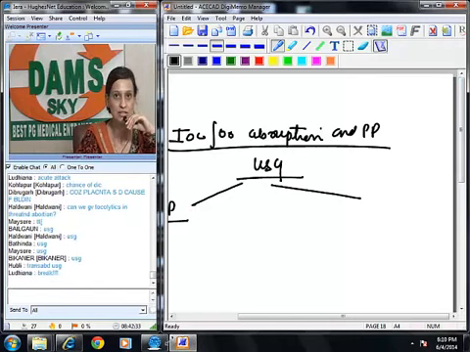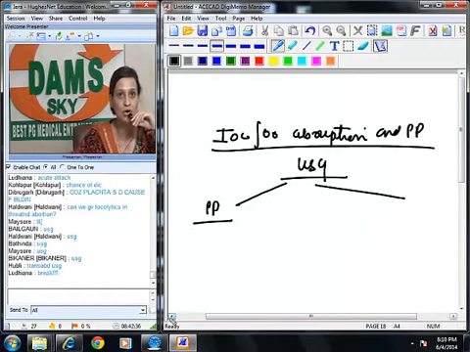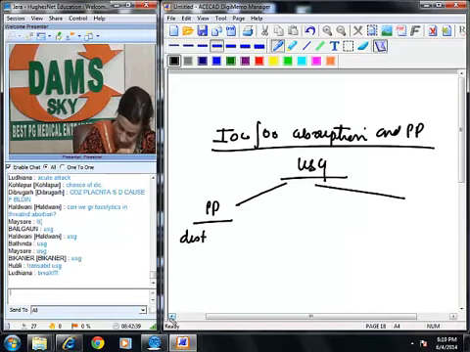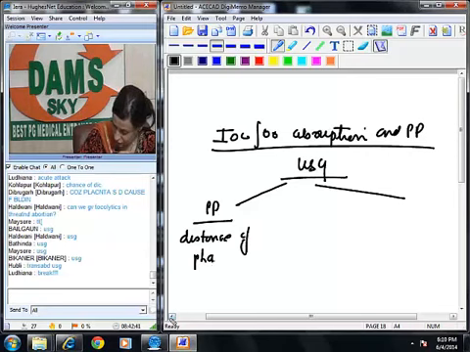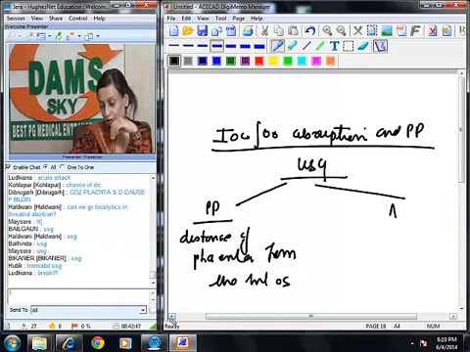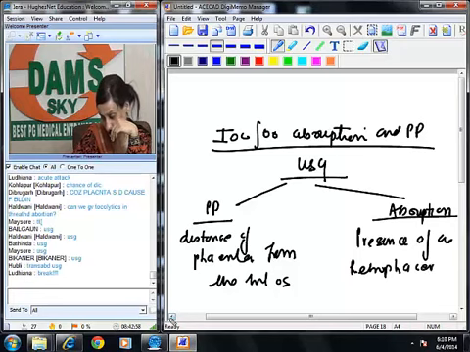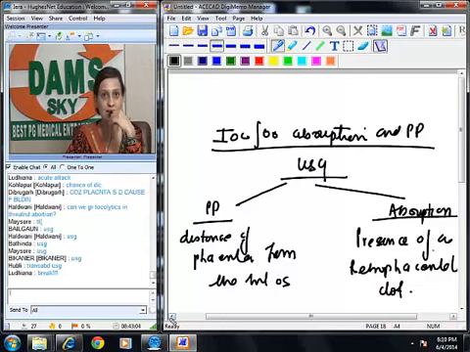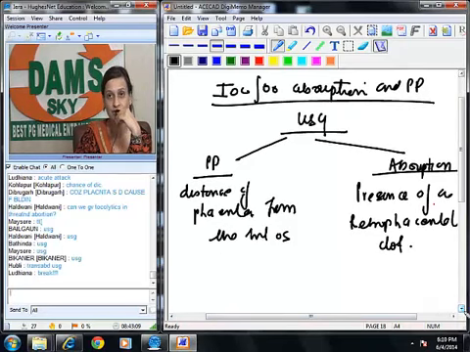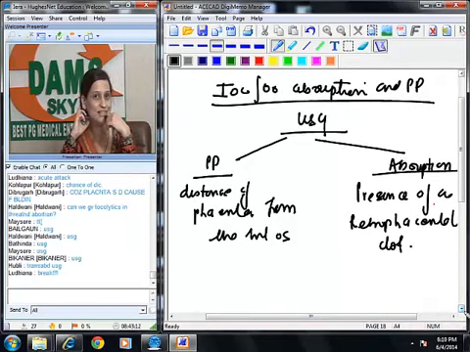We try and see the distance of placenta from the internal os. And what do we want to see in abruption? We want to see the presence of a retroplacental clot. That is what we look at in abruption, and the distance from internal os is what we look at in placenta previa.